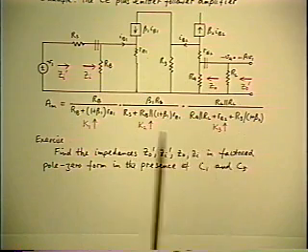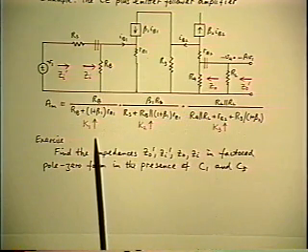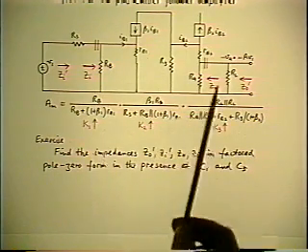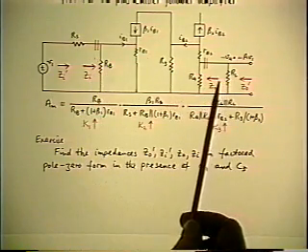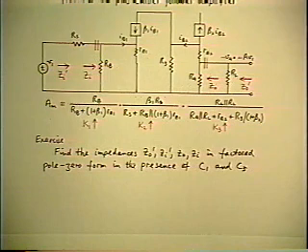Well, I'll leave that to you to do for an example also. What you expect this time is, of course, both the input and the output impedances are going to be frequency dependent.